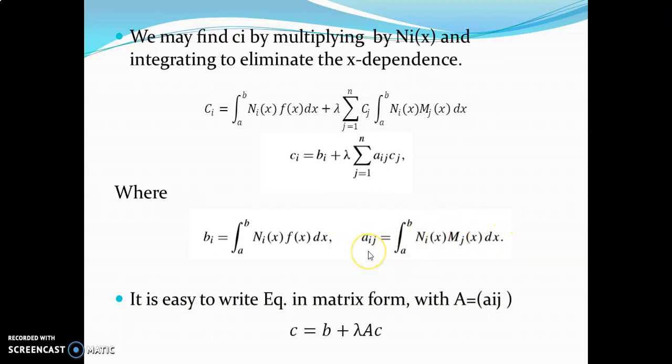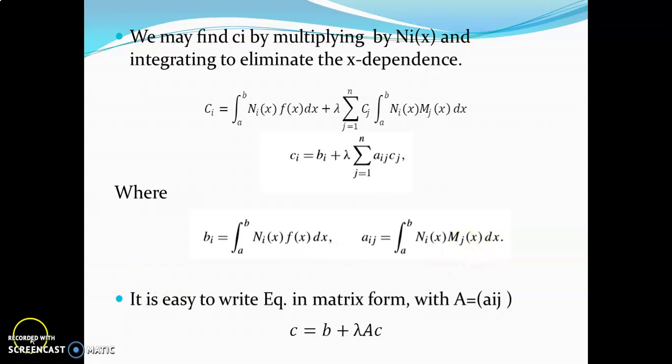So when i and j are equal to 1, we will get a11, which is integral a to b n1 of x into m1 of x dx, and a12 is equal to integral a to b n1 of x m2 of x dx, and a13 is equal to integral a to b n1 of x m3 of x dx.